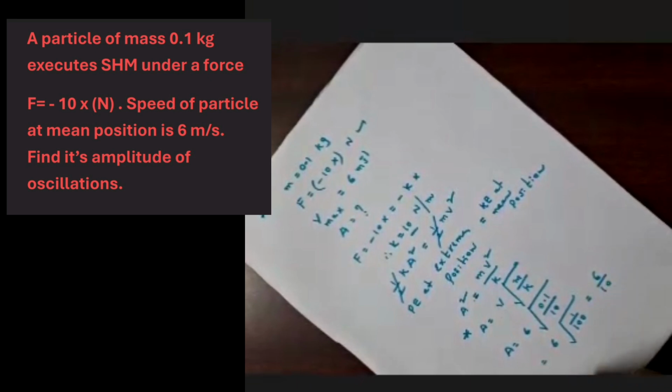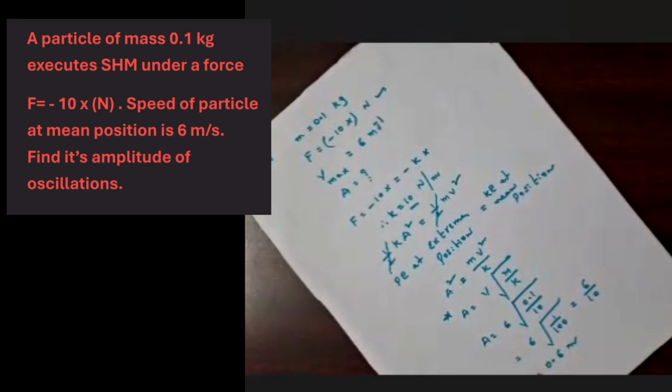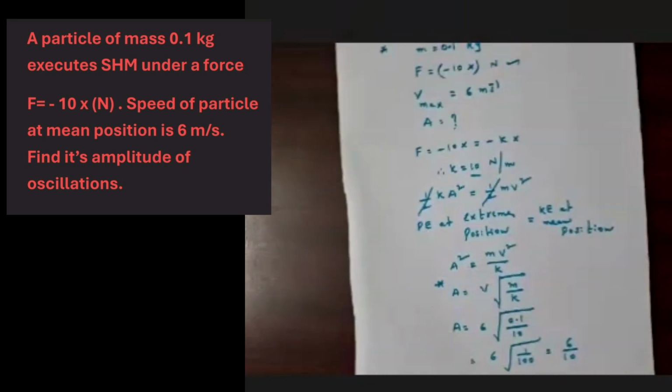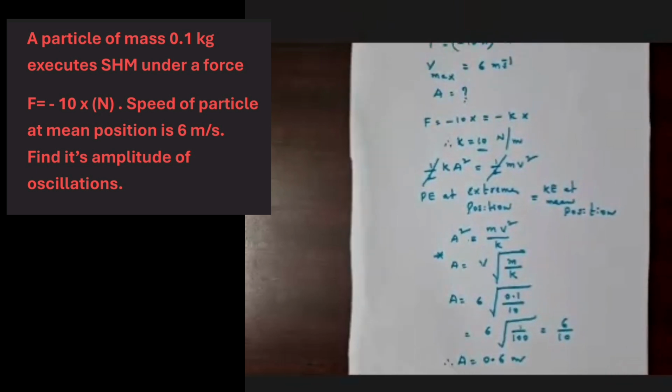So a is equal to 6 by 10, thereby we get 0.6 meters. At 0.6 meters you get the extreme position for that particular oscillatory motion. The amplitude of the particle is A equal to 0.6 meters.